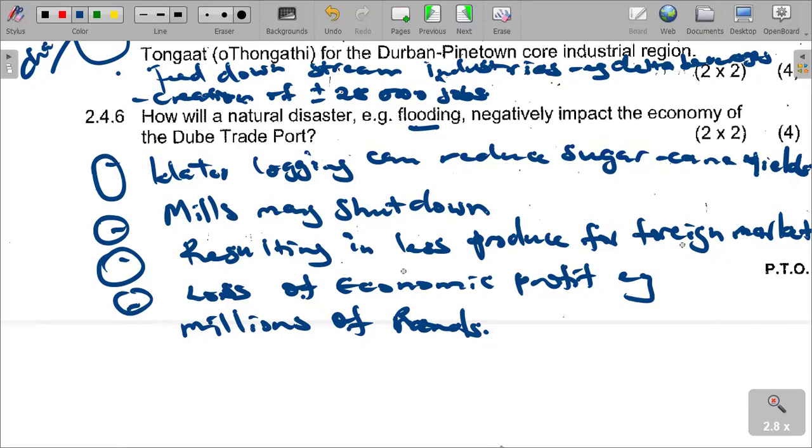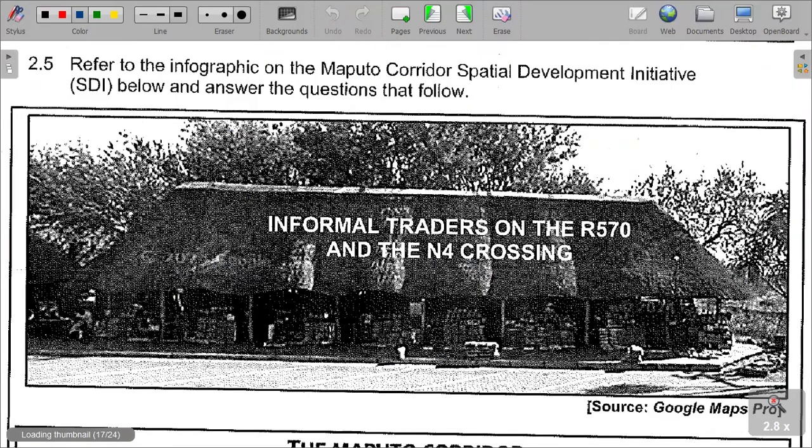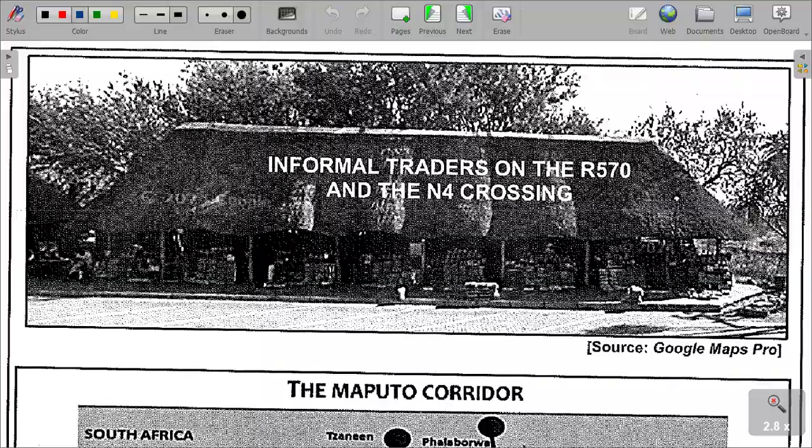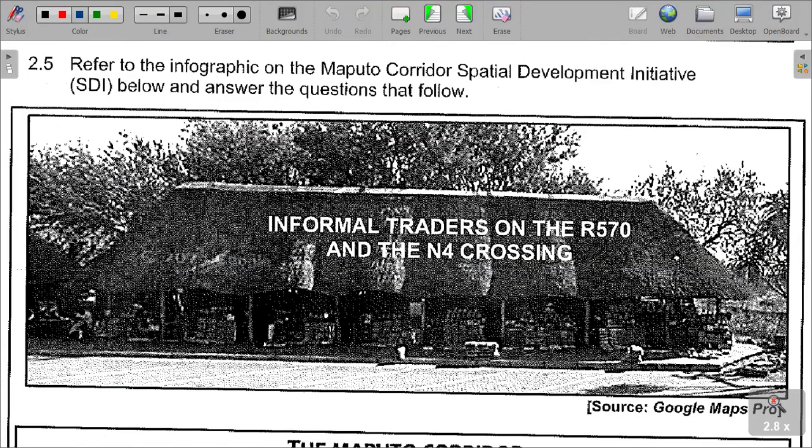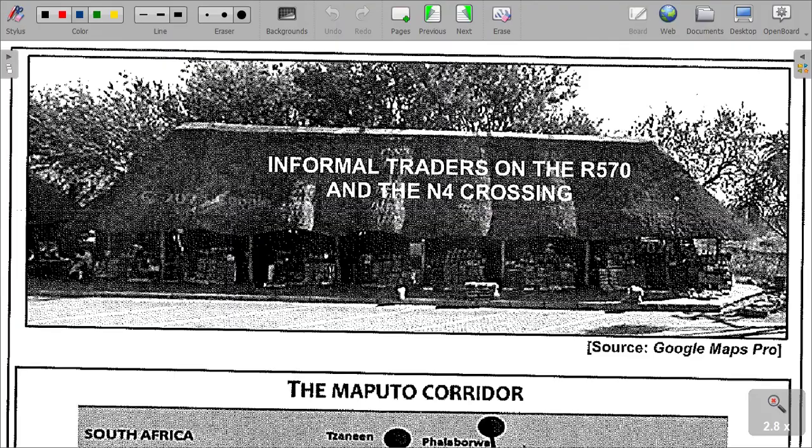Last question. The Maputo Corridor Spatial Development Initiative that we are given here, informal traders on the R570 and the N4 crossing.